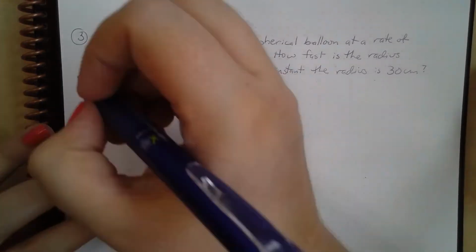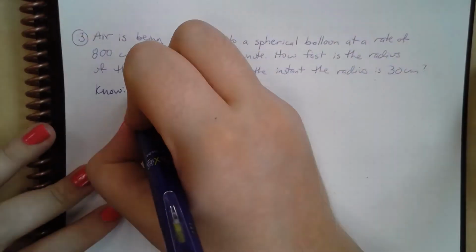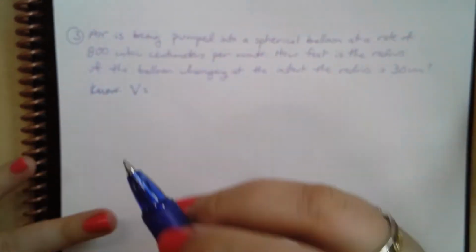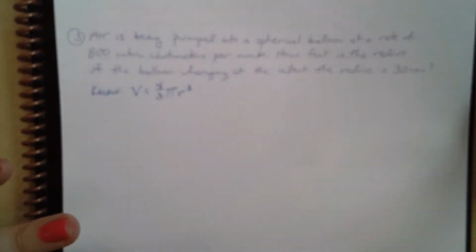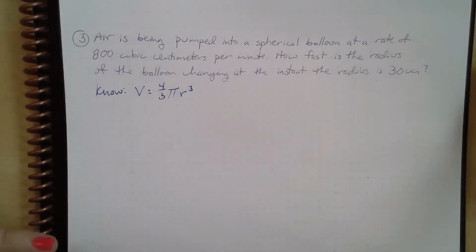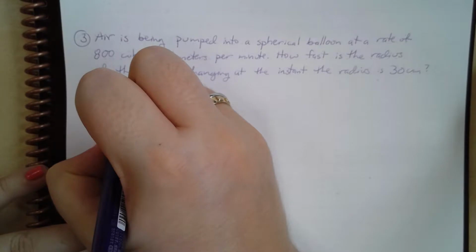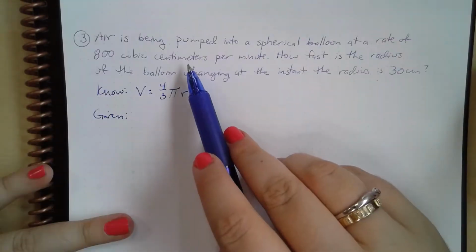Well, we know, and maybe you don't know this one, but I'll tell you anyways, we're talking about cubic centimeters, so we're talking about the volume of a sphere, which is 4/3 pi r cubed. I always liked that formula because I always thought it was a little different. And we're given that the air is being pumped in at a rate of 800 cubic centimeters per minute.